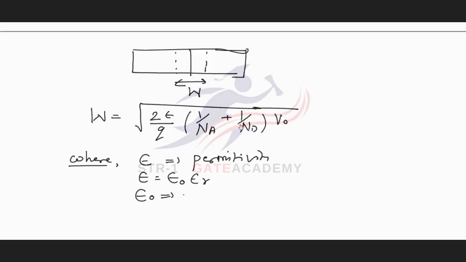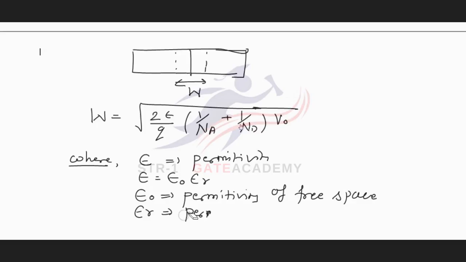Epsilon naught is the permittivity of free space, and epsilon r is the relative permittivity of the semiconductor.